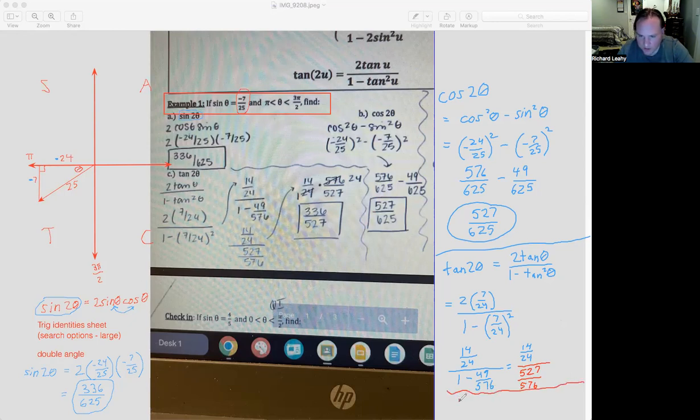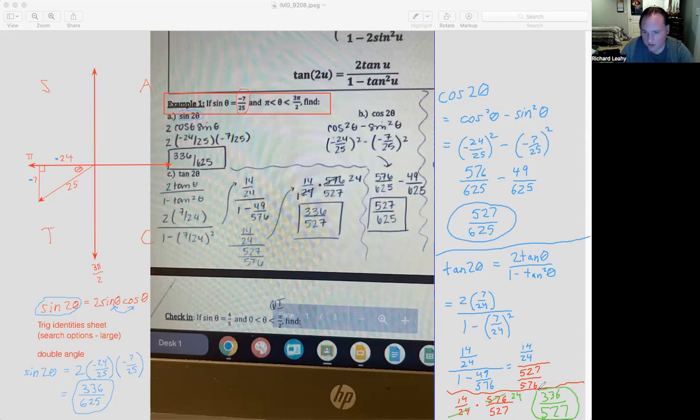So, keep, change, flip. 576 is 24 squared. Okay, so that cancels out nicely here. This leaves us with 24. Then you just have to multiply across the top. Okay, that looks right. 336 over 7. All right, and that's it.